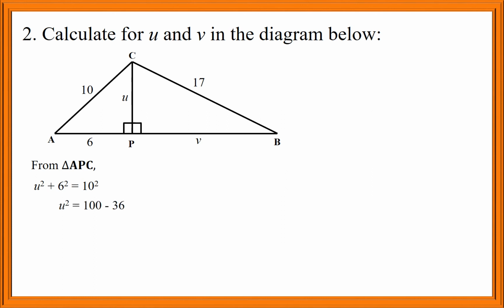That gives us u squared to be equal to 100 minus 36. u squared will then be equal to 64. And that gives us u to be equal to 8.